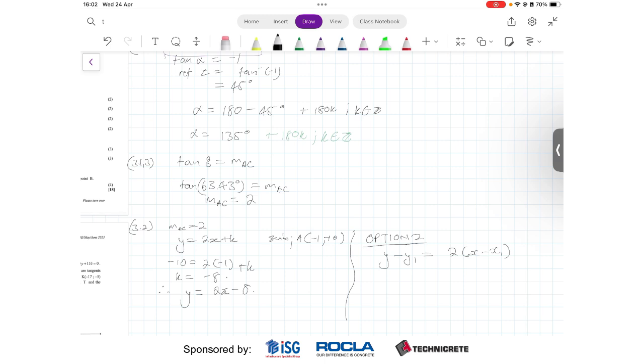So now, moving forward, we may substitute in y1. We know our y1 is minus 10. 2 times x minus x1, that is minus 1. Thus, we know that y plus 10 is equal to 2x plus 2.